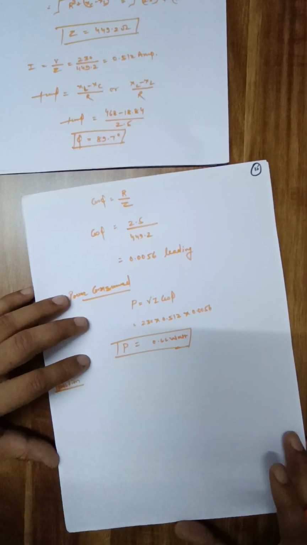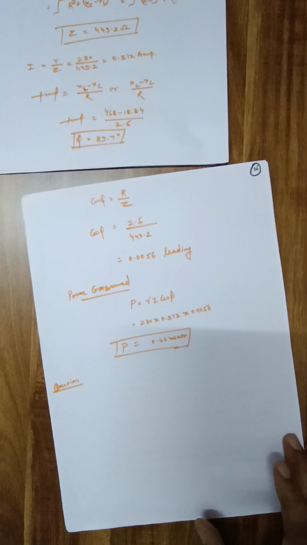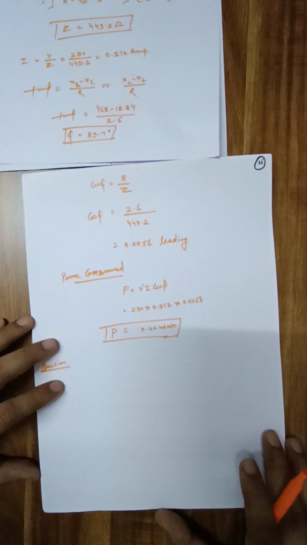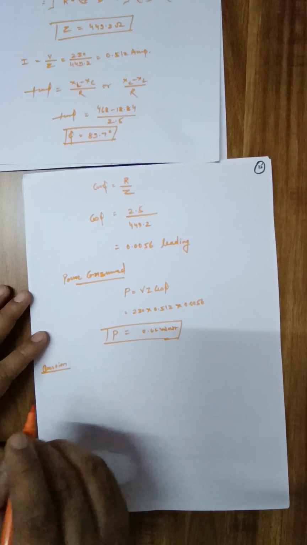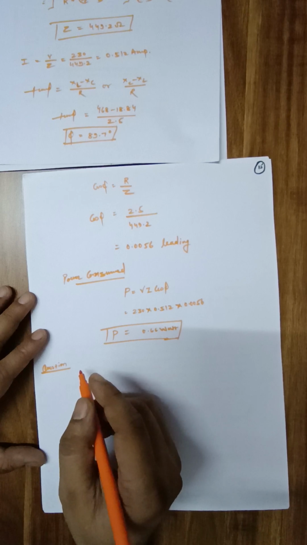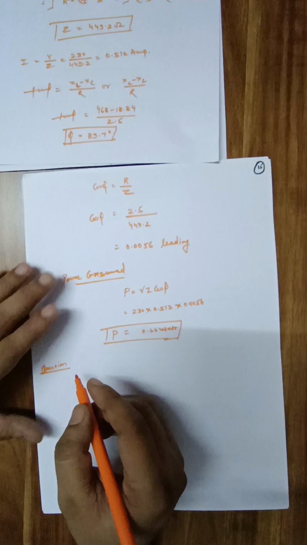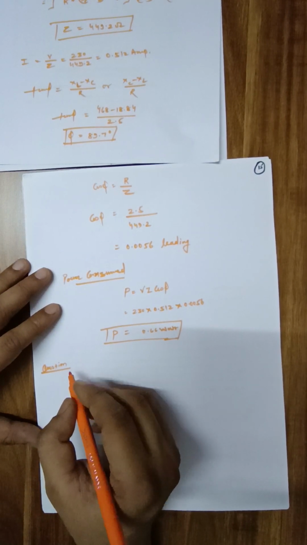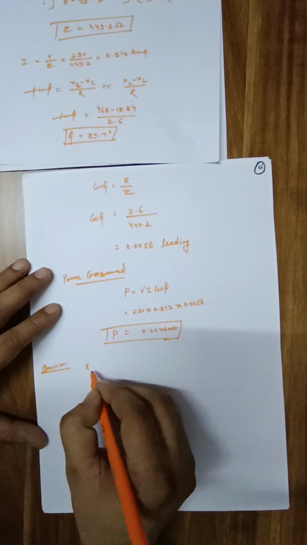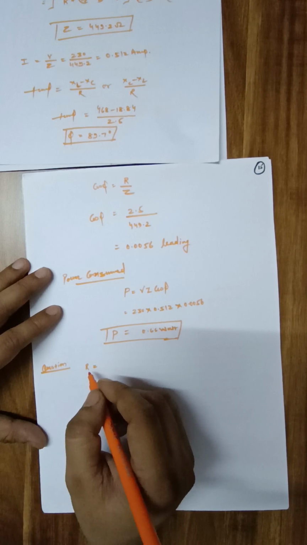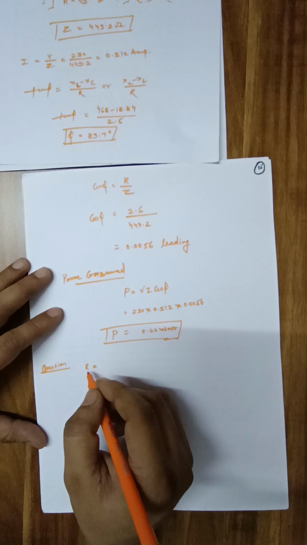It is written as a resistor R, an inductor L, and a capacitor C are connected in series.